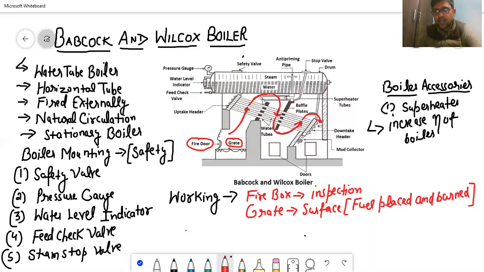Okay, so when it passes from here, it will flow through this boiler with the help of baffle plates.